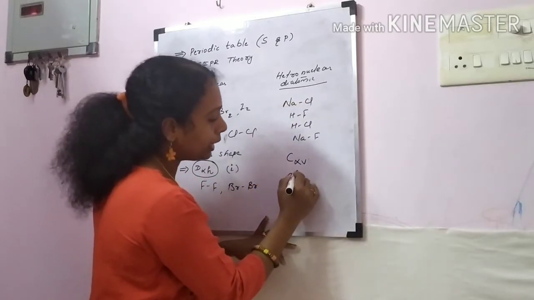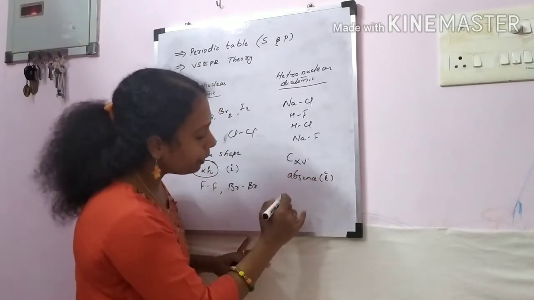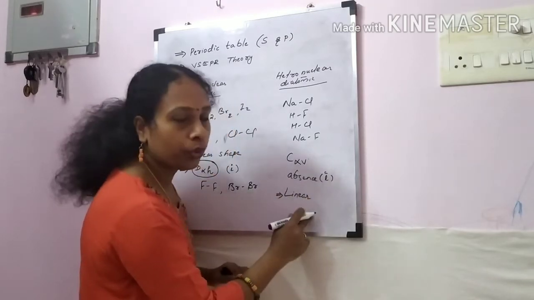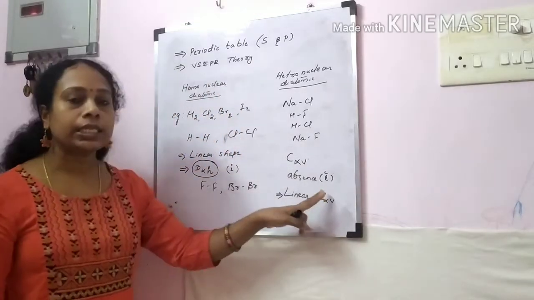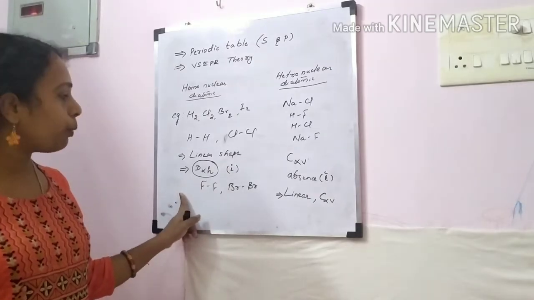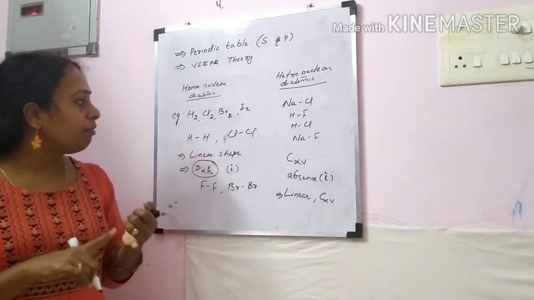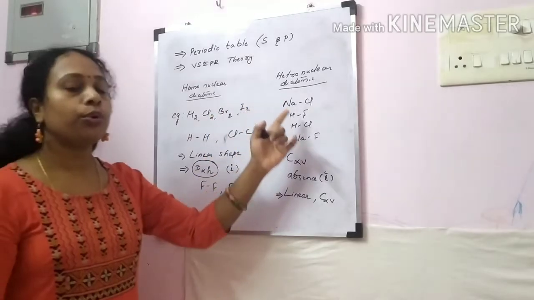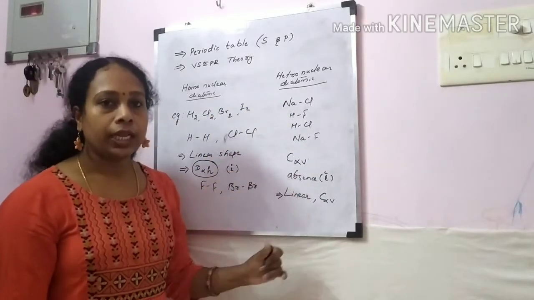Absence of symmetry element i, but the shape will be linear. A linear molecule belongs to the point group C infinity v because the symmetry element i is absent. Here i is there, so it will belong to the point group D infinity h. So homonuclear diatomic molecules belong to the point group D infinity h, and heteronuclear diatomic molecules will be under the point group C infinity v.